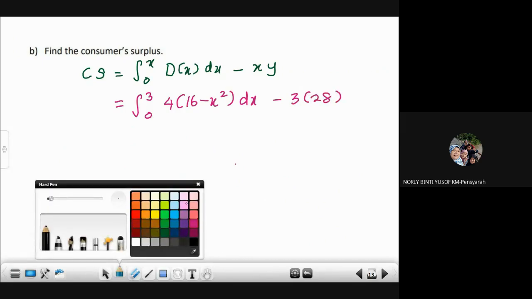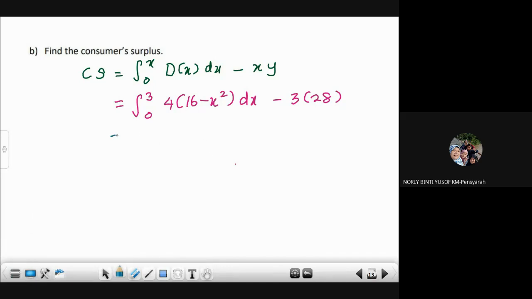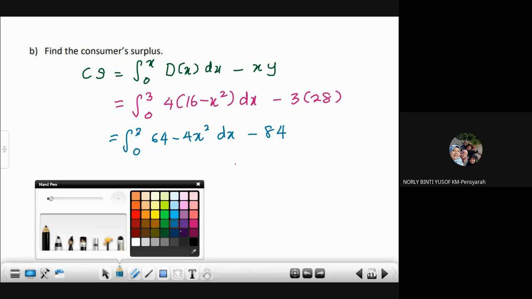Okay, so this one dah jumpa macam biasa. Integration. So 3, 0. This one you simplify. You got 64 minus 4x squared dx. This one minus 84. Ini function constant saja. Integration buat kat sini saja. Tu ada difference lah.